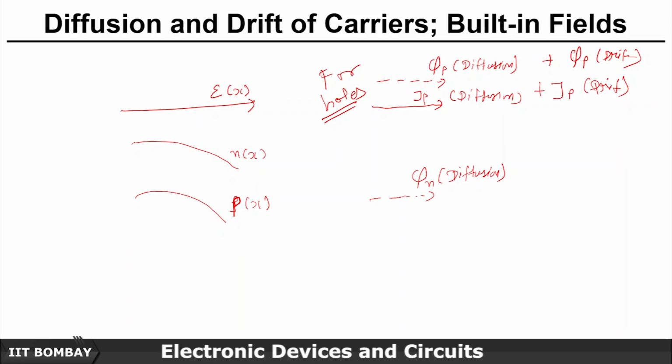If I just talk about the drift one, it will be in the other direction. If I say this is the positive direction, then I have to use a minus sign, or I can represent it as in this direction.